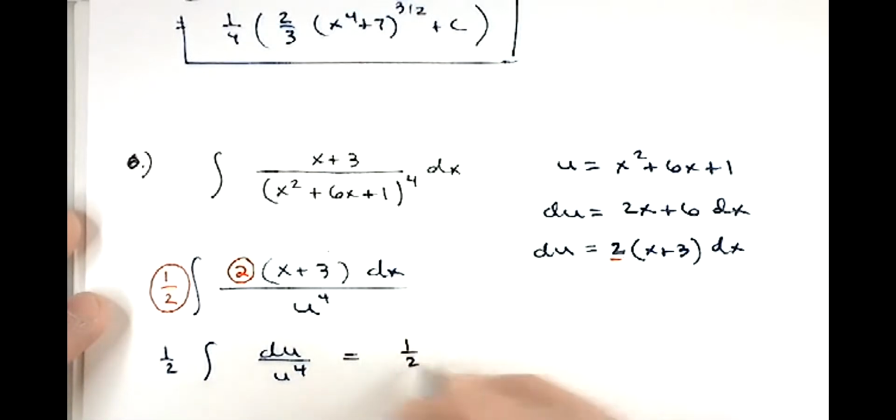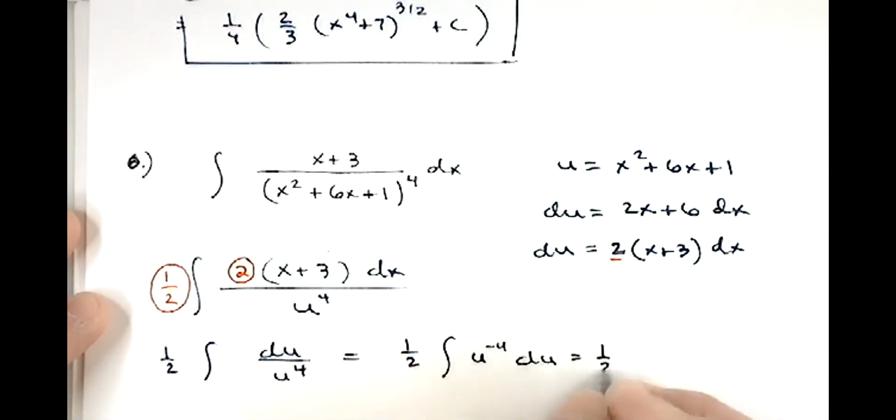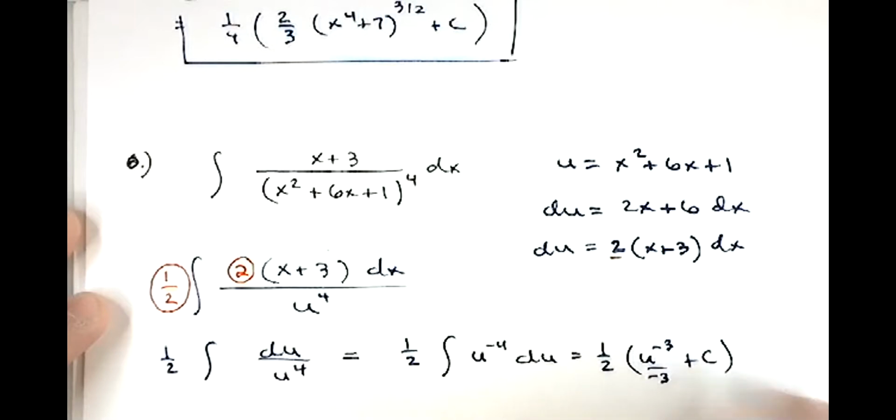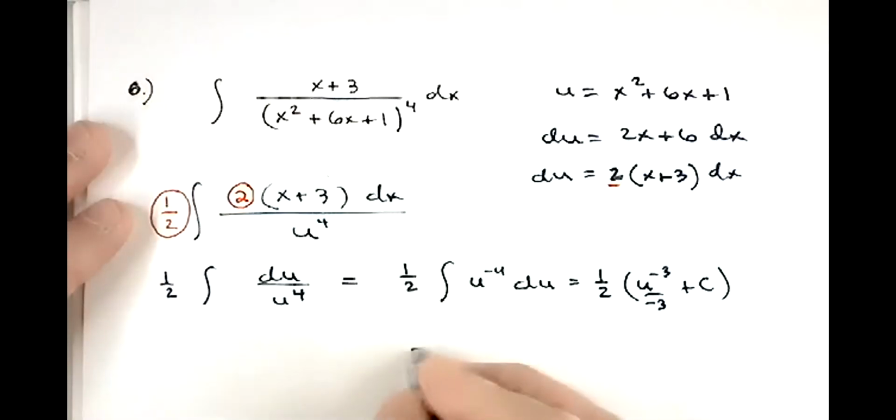So then I could bring this up. Remember, it's only ln if it's 1 over u to the 1st. If it's any other power, then you're going to want to bring that up first, and then do your antiderivative. Add 1, divide, and then replace in.